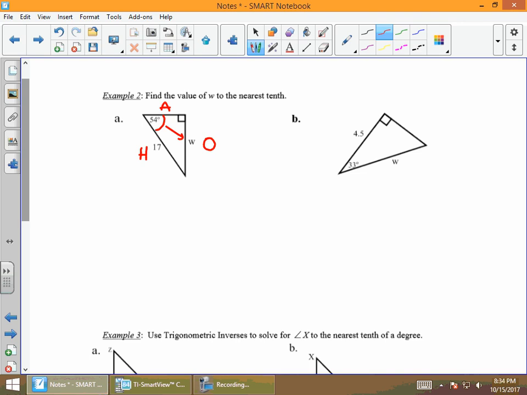So in this case, I'm looking at the pieces of information that I have. All right, my angle, and then I know the opposite side is W, and I know the hypotenuse is 17. So I'm going to actually get rid of this A, because I don't know anything about the adjacent side, and I don't need to. I'm going to think about the word SOH.